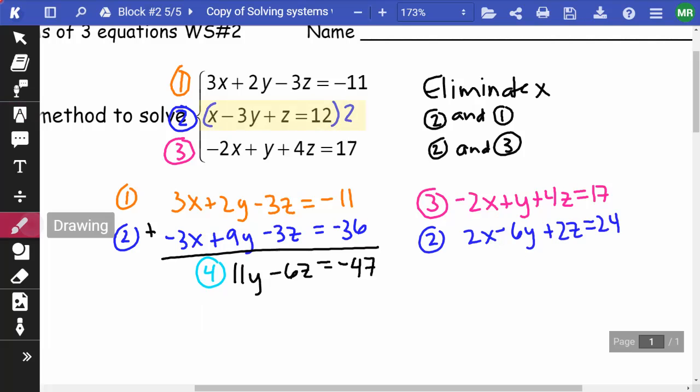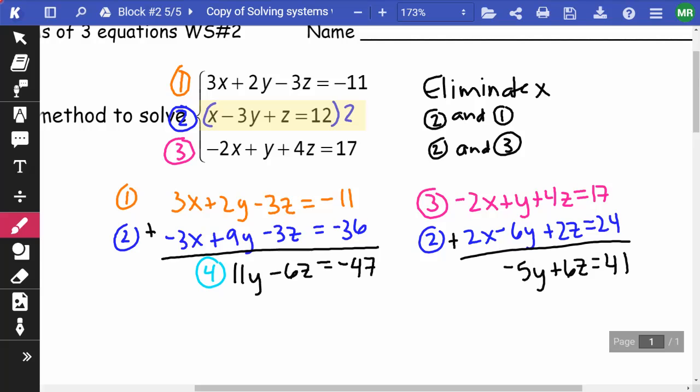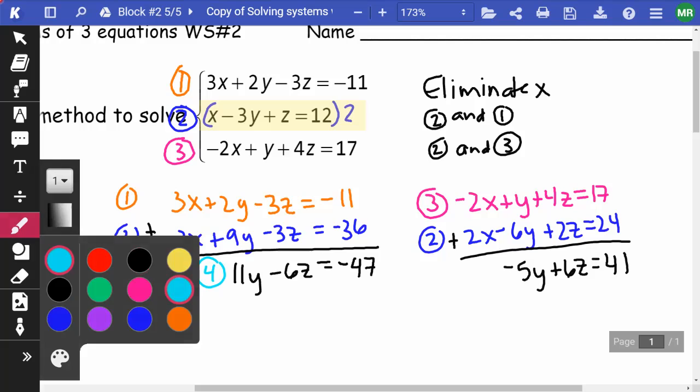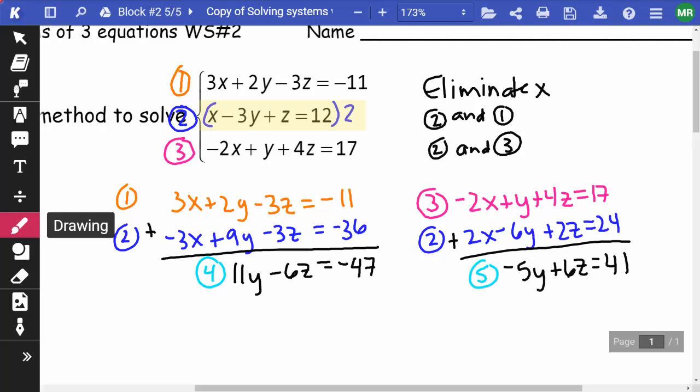And then I'm going to add these 2 equations together. My x's are going to cancel out. I get -5y plus 6z is equal to 41. And I'm going to call that one equation 5. Okay. So now the 2 equations I have in black, equation 4 and equation 5, that's my new system that I'm going to solve.